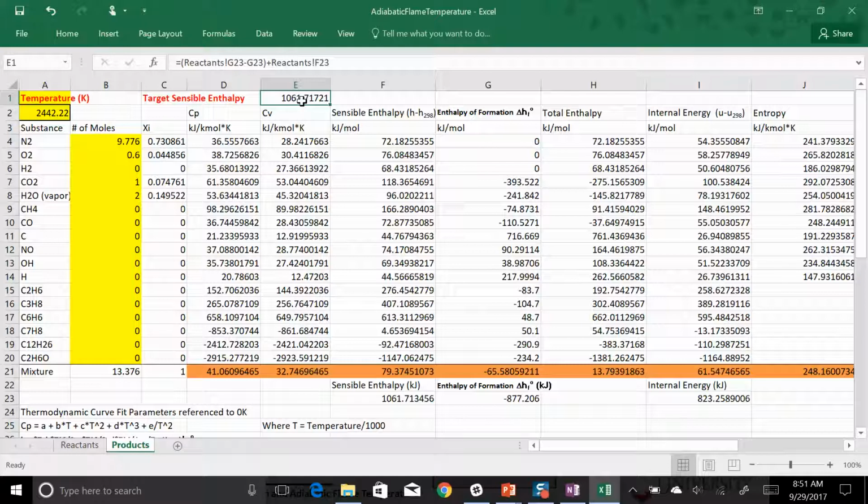Down here in cell F22, this is what the sensible enthalpy of the products are at the temperature in my yellow box in the upper left. Now I'm going to adjust that temperature until that value in F22 matches the target in E1. And that's how we'll find the adiabatic flame temperature.